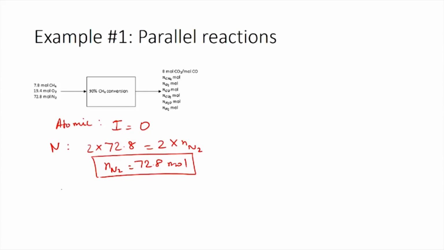So, now we can write a carbon balance. When we write a carbon balance, we need to know how much carbon is entering, which is in the form of methane. So, you have 7.8 moles of carbon entering, and there is only one atom of carbon in methane.